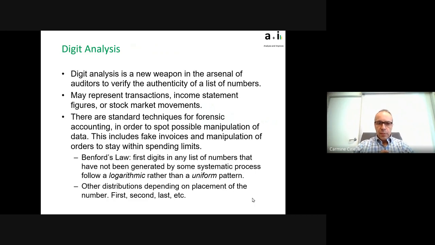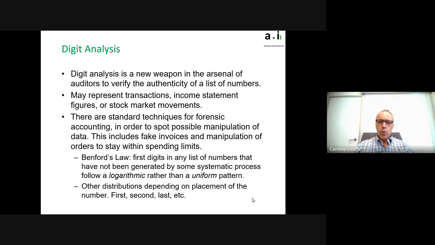All right, so a little bit of theory here. If you're going to look it up yourself and Google it, it's often called digit analysis. It's often referred to as a new weapon that auditors can use. Auditors have a lot of different tools in their tool bag, especially if you think of accounting auditors or financial ones.